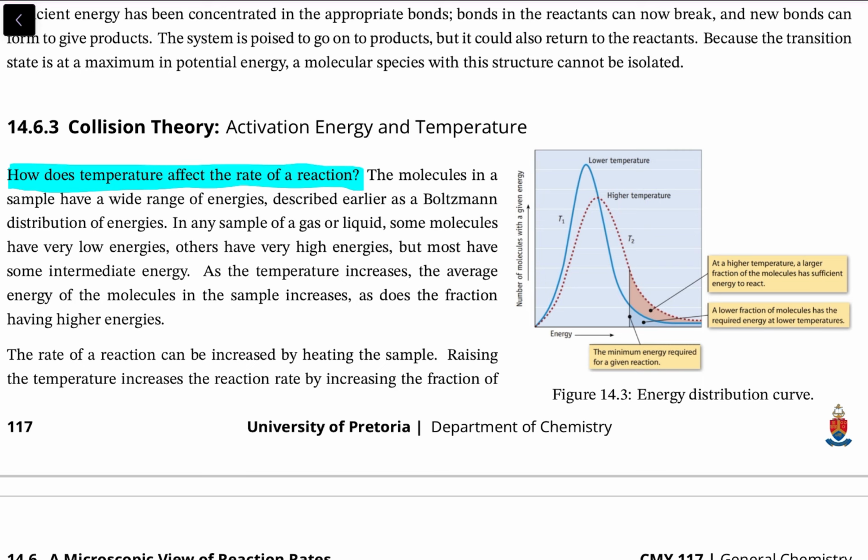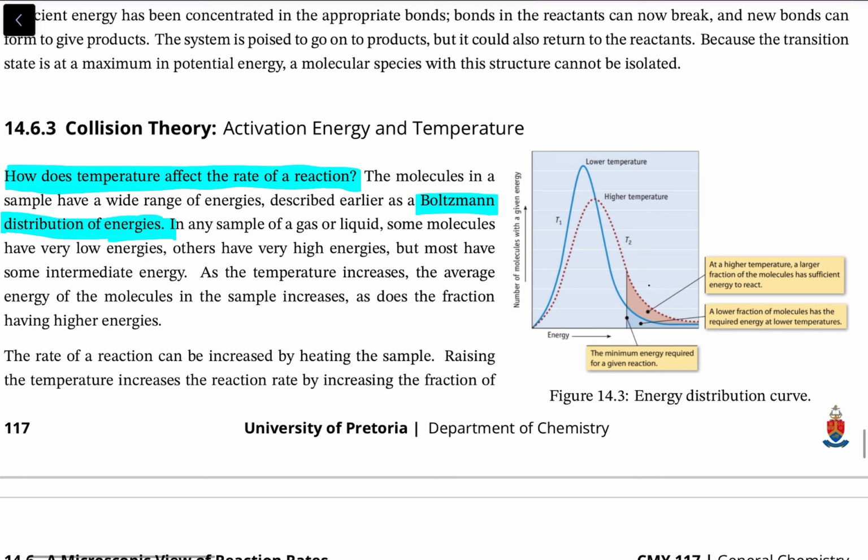And if you recall the Boltzmann distribution of energy, the graph here on the right-hand side, you might recall that at a higher temperature, your fraction of molecules that have higher energy increases, right? So this red fraction versus the blue fraction is larger.